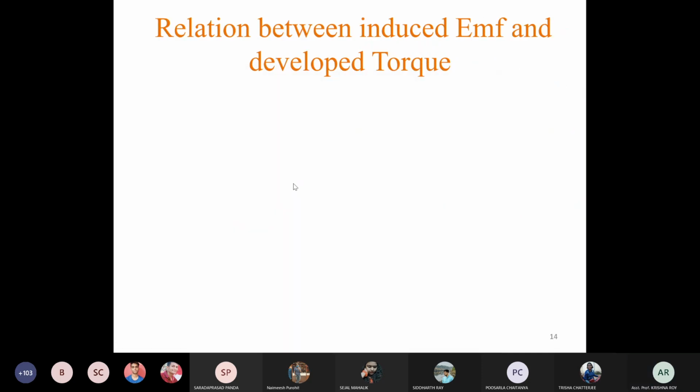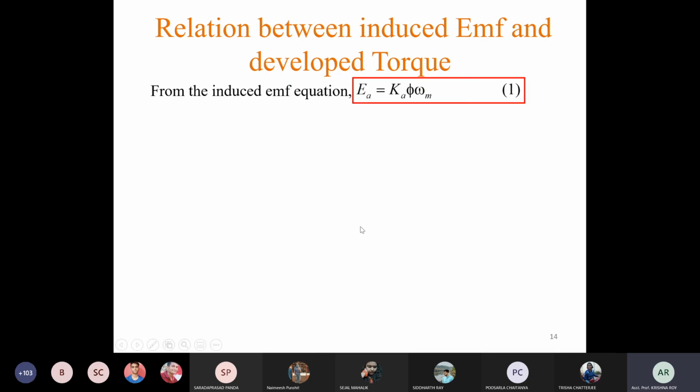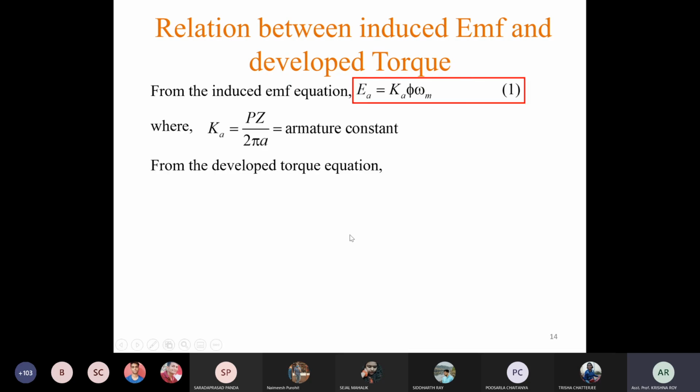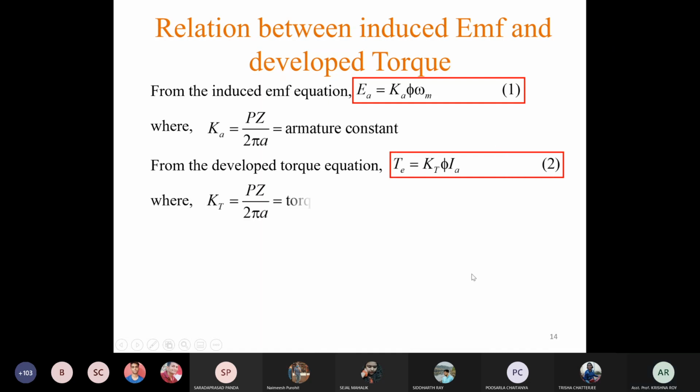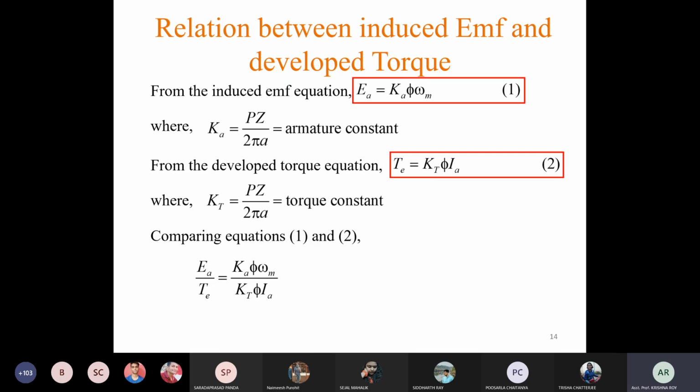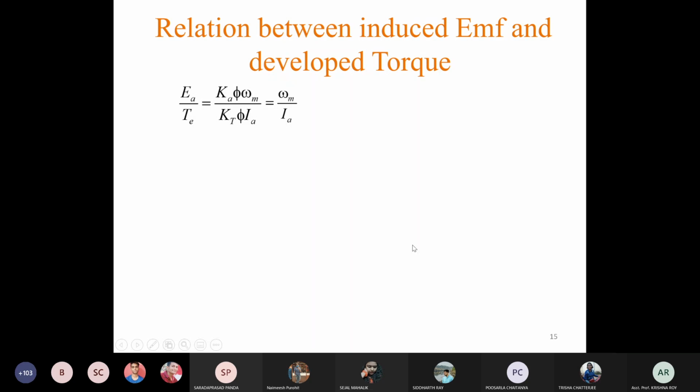No. Okay. So let us find some relation between this EMF and the developed torque equation. From the induced EMF equation we have this, and from the developed torque equation we have this. Both K and Kt have the same magnitude, therefore comparing these two equations, we can write Ea by Te is equal to K phi omega m by Kt phi Ia, which can be expressed as omega m by Ia, because K and Kt will get cancelled out and phi will get cancelled out.